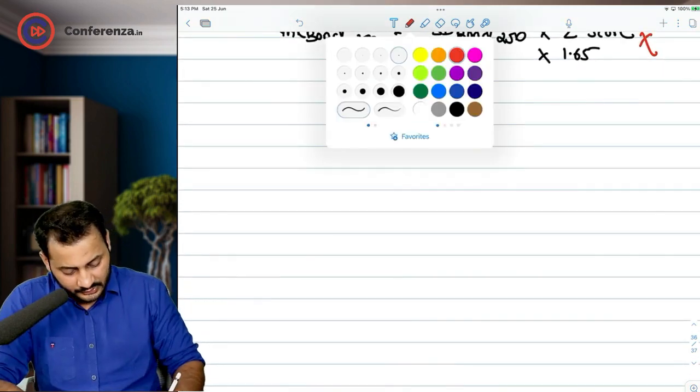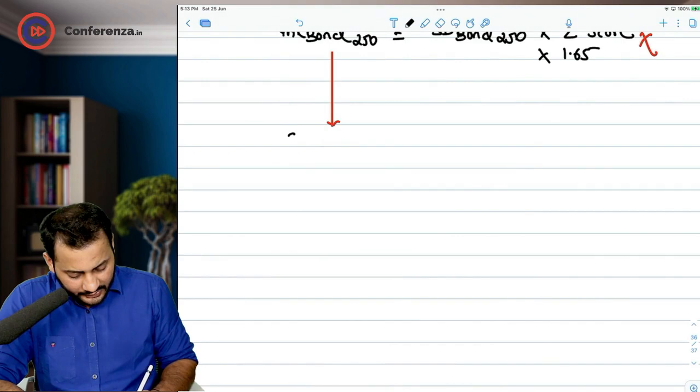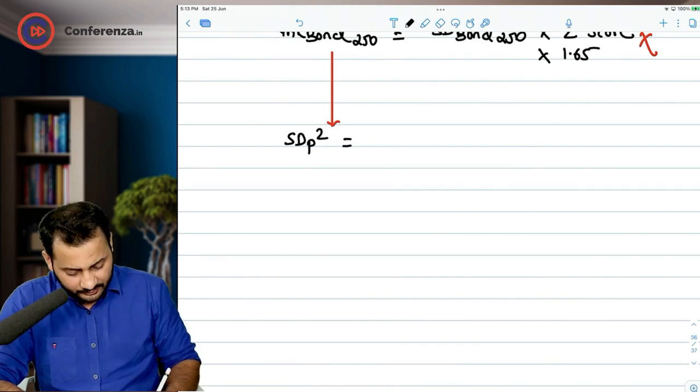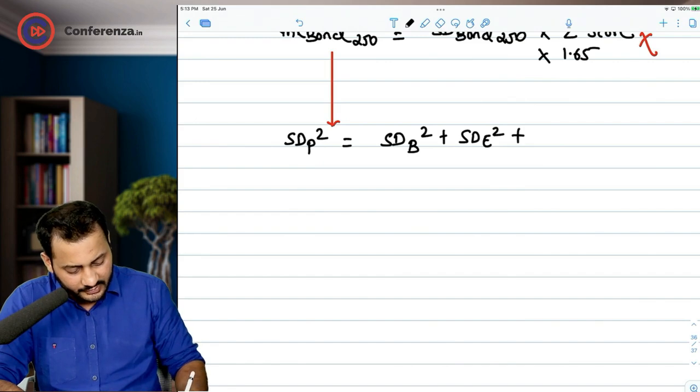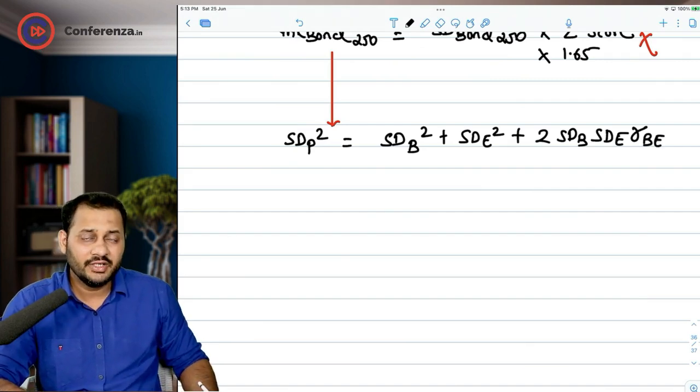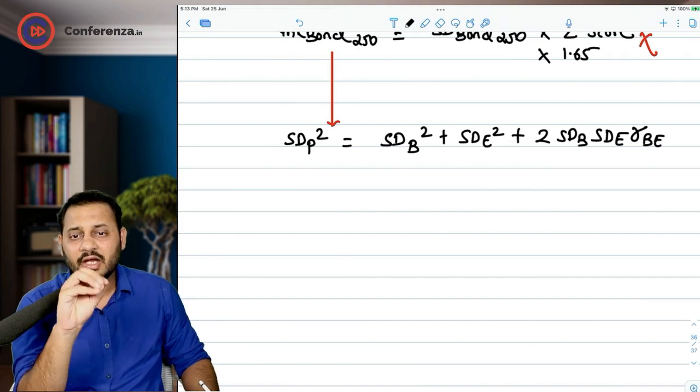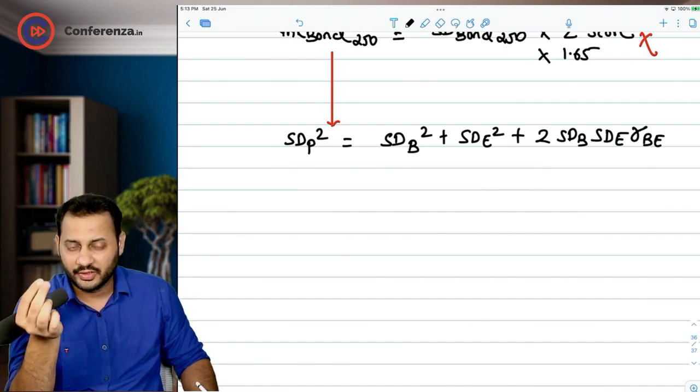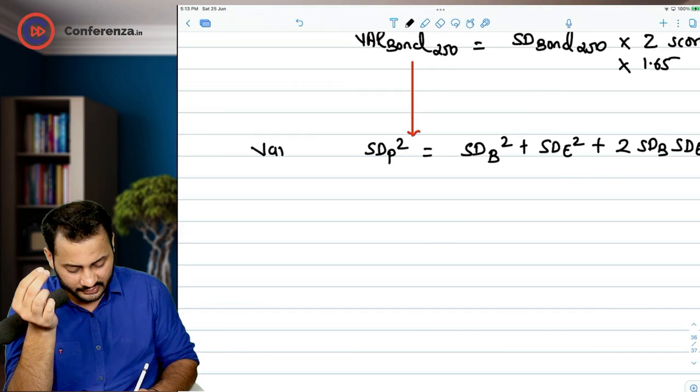Have a look. You remember how to calculate the variance of the portfolio? It is very simple. Standard deviation of bond square plus standard deviation of equity square plus 2 into standard deviation of bond, standard deviation of equity, correlation of bond and equity. This is how we used to calculate the standard deviation of the portfolio square, that means variance.